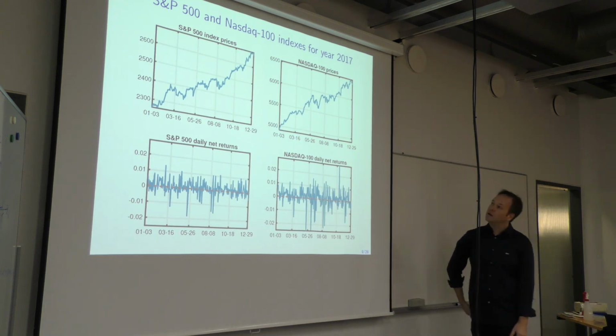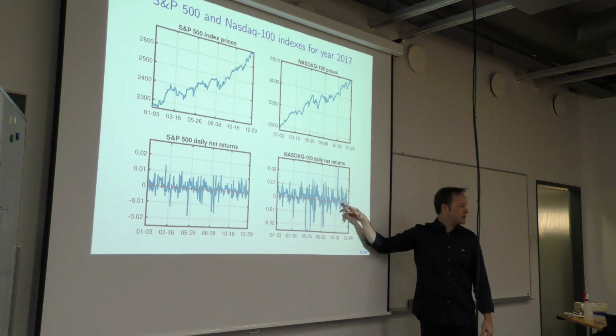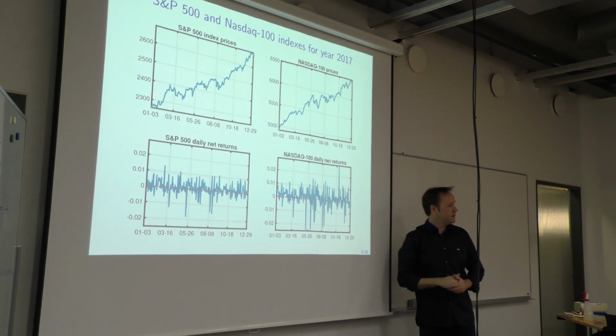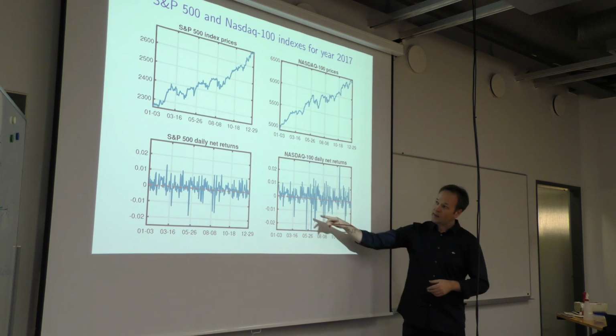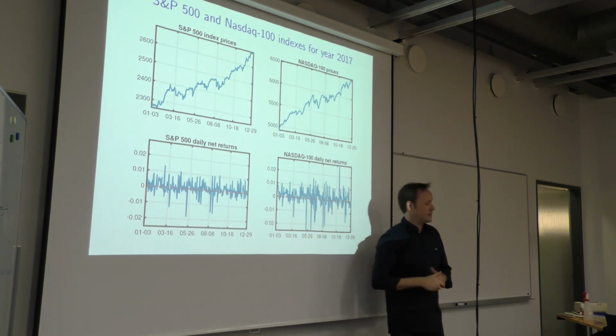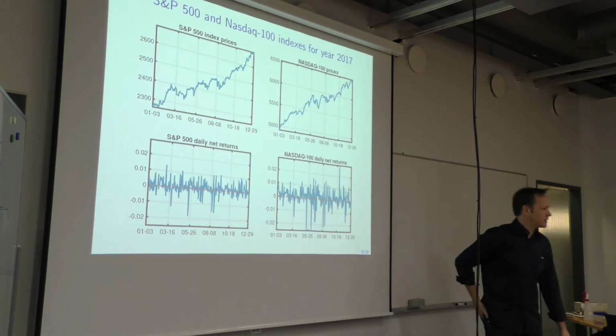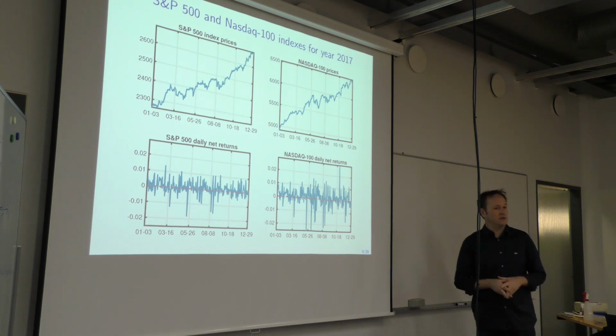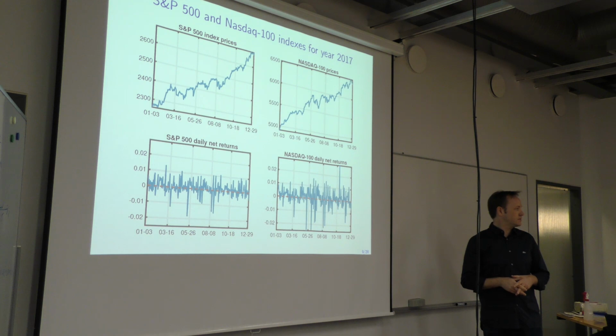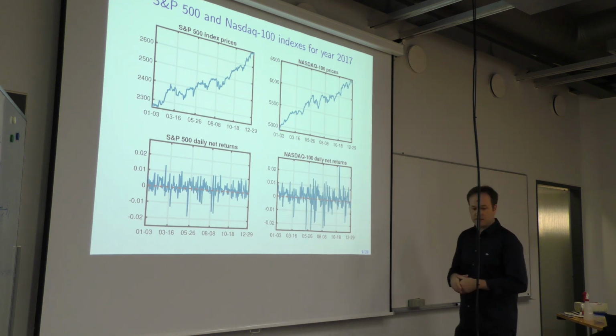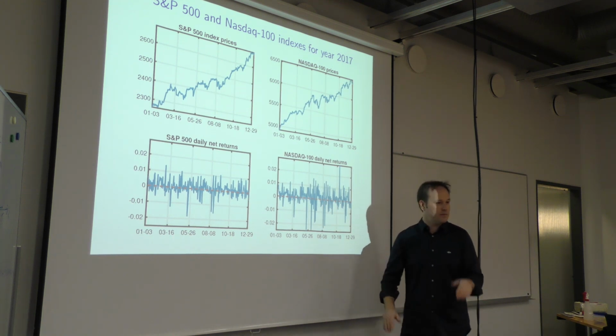fluctuation there. For example, NASDAQ 100 is more volatile than the S&P 500, and this is because it contains a lot of technology stocks. There's more fluctuation in technology stocks because they tend to rise more steeply, but they can come down.